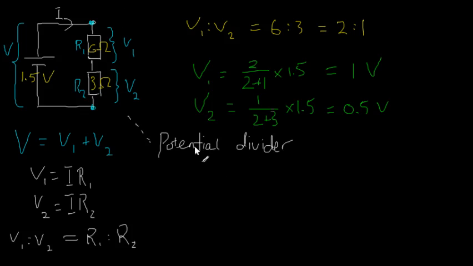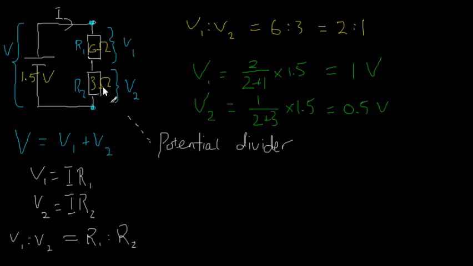So a potential divider is just a setup that divides up a voltage into two parts, and in this setup you can control the ratios of the two parts by changing, say, the resistances.